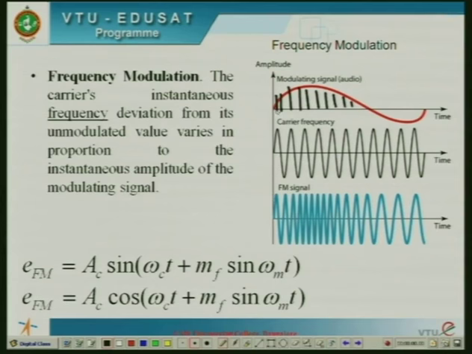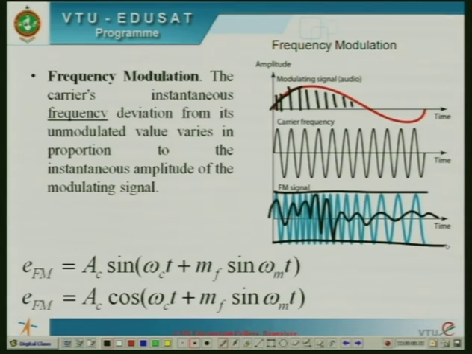If the magnitude slowly increases, the frequency increases, and then it reduces. The amplitude of the carrier remains the same; the carrier has constant amplitude, and only the frequency deviates. The frequency increases or reduces depending upon the strength of the modulating signal, and that is what we call frequency modulation.